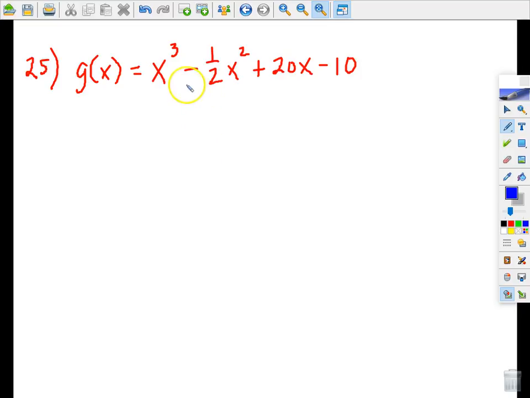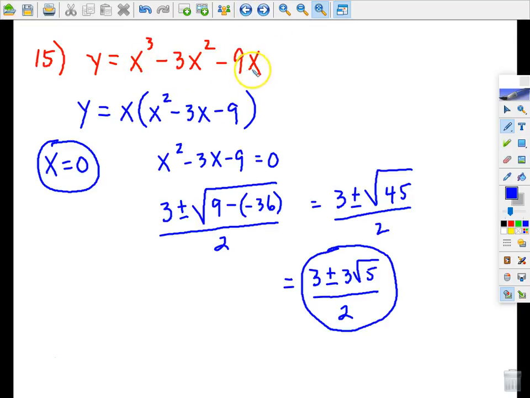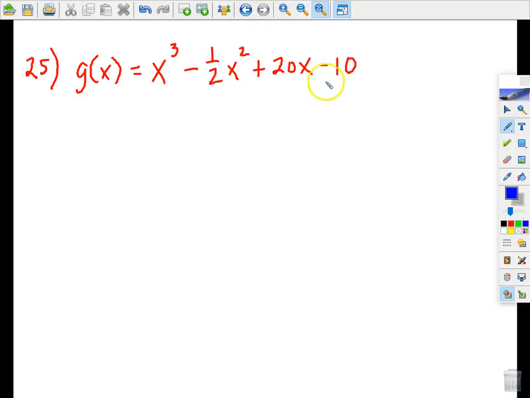And we can't do any factoring here. This is a polynomial. Your factoring is pretty much going to be limited to trinomials or binomials. But I do notice the good old pattern does hold true here.